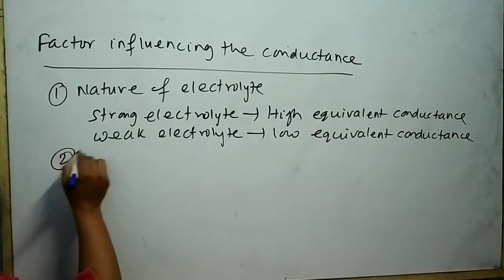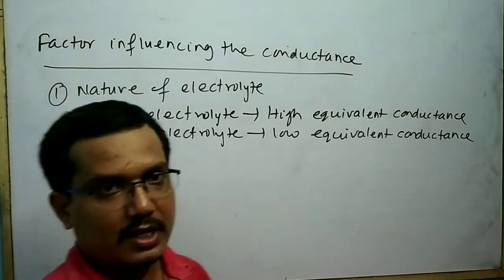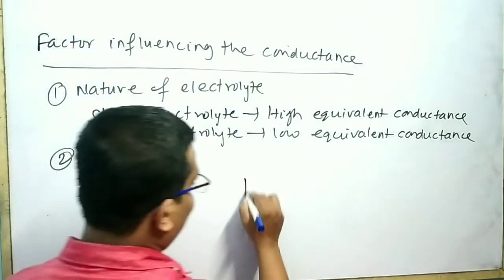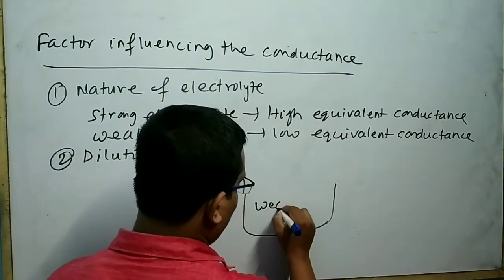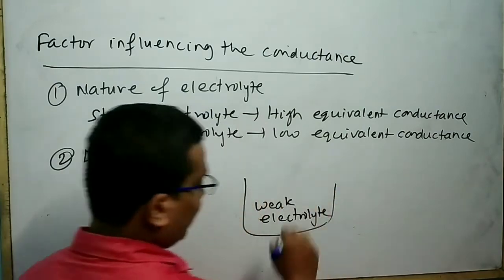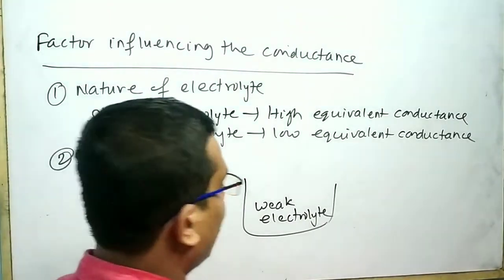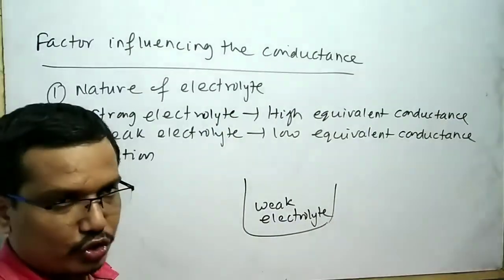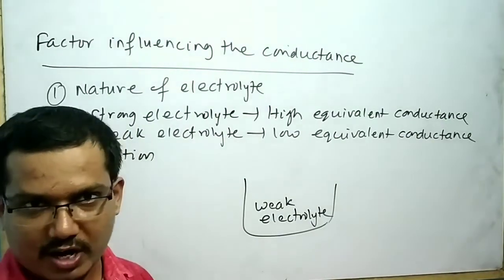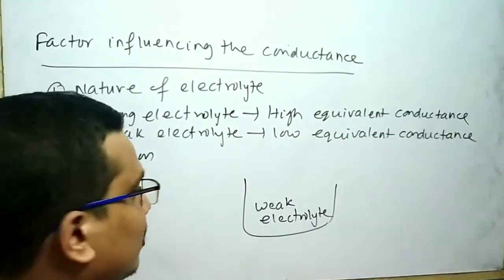Next factor is dilution. Dilution means addition of the solvent molecule. Suppose I take a weak electrolyte. In case of weak electrolyte, only a small amount of electrolyte undergoes dissociation, but more molecules are present in undissociated condition.